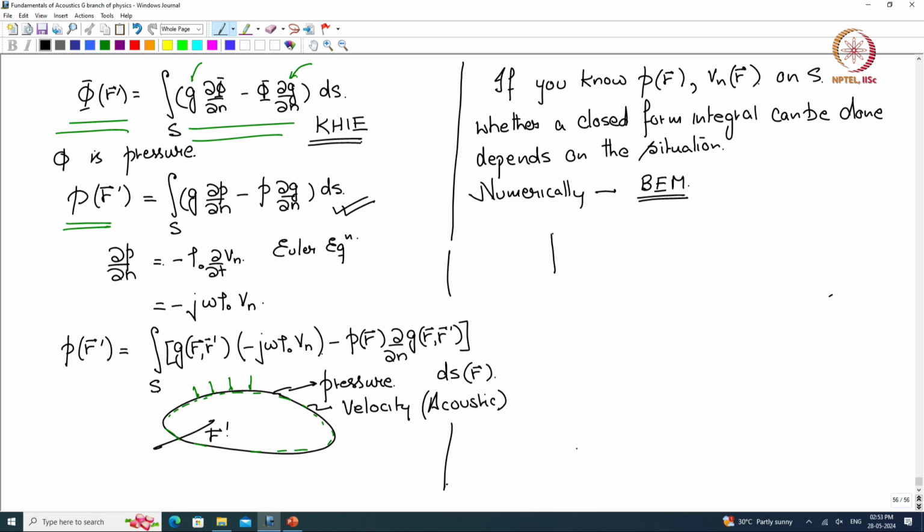Although we are not so interested in the numerics of this, let me just say, what if I have a rigid box, or a room, and the walls are rigid and there are windows, let us say. Now if the walls are rigid, then I will know del P del N, or the velocity is 0 there, but pressure is unknown.